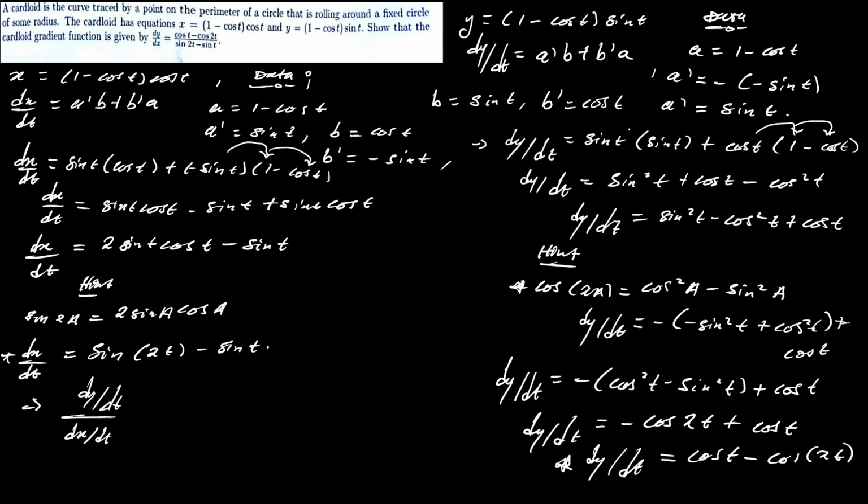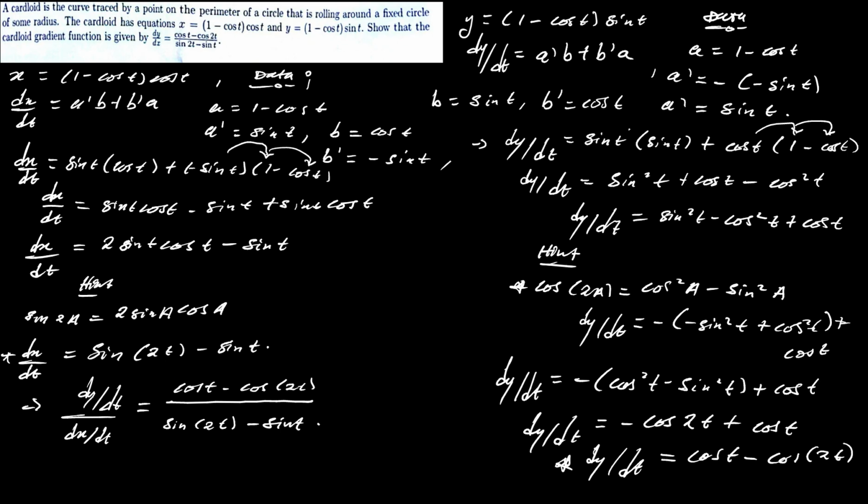So dy/dt divided by dx/dt, which gives us dy/dt was cos t minus cos 2t over dx/dt, which is sine 2t minus sine t.